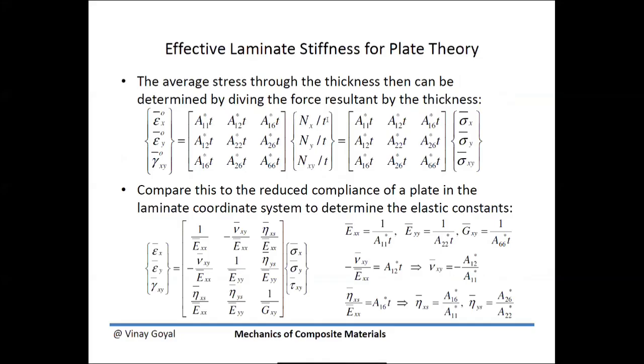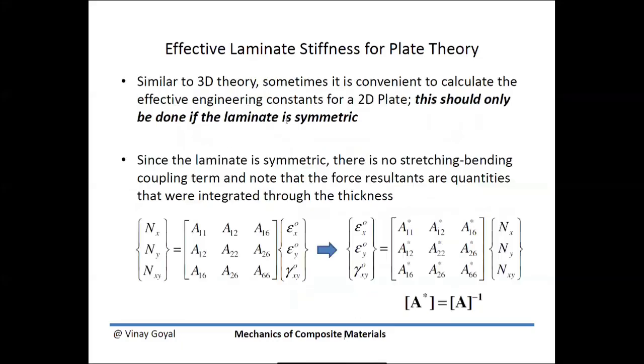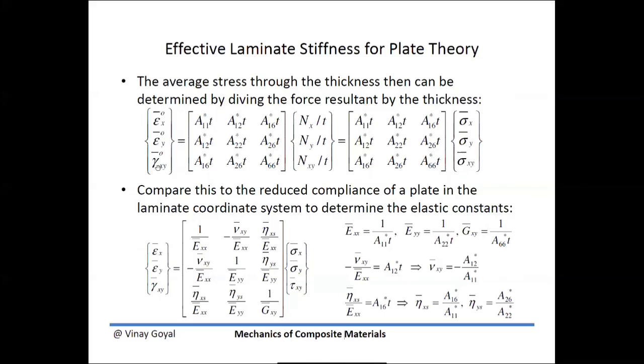So N divided by t times A star times t, the t cancels out. That gives me exactly what I got here in the bottom right. Because the strain in the global orientation is this, and the stress in the global orientation is this, I could say that the compliance of the plate in the laminate coordinate system will have elastic constants that look like this.